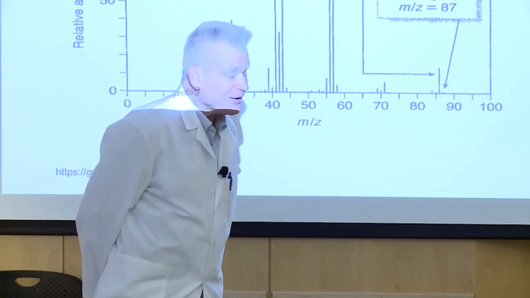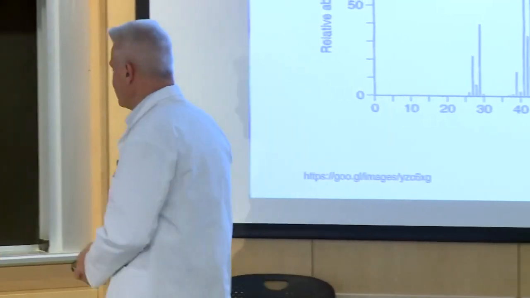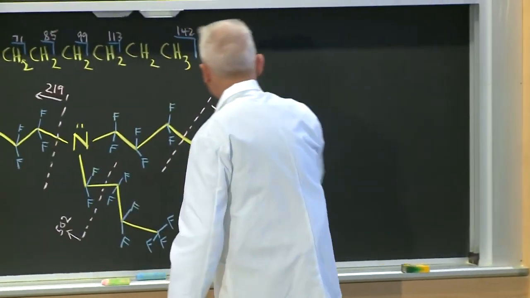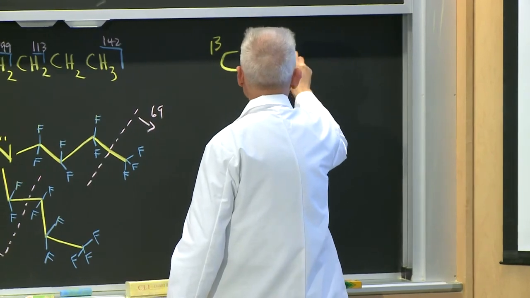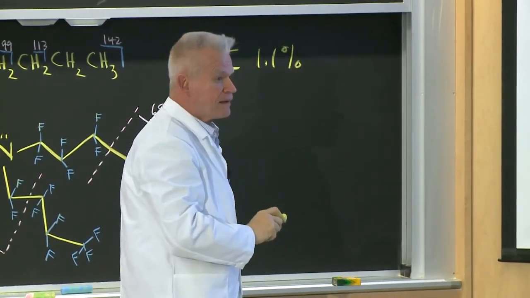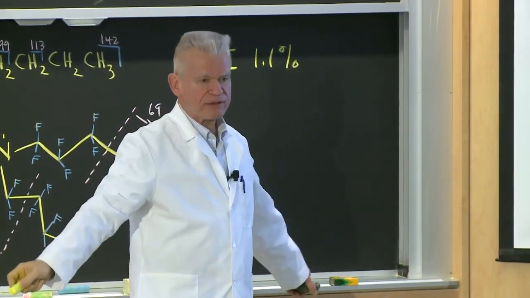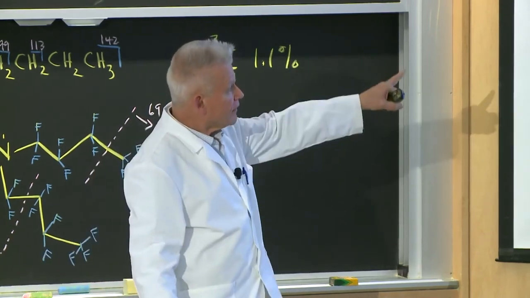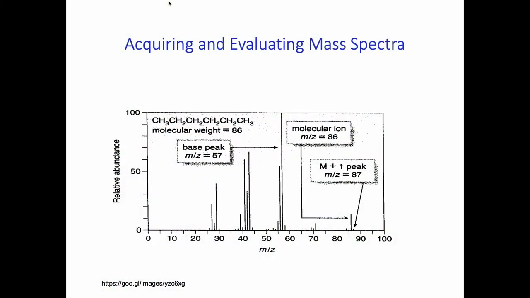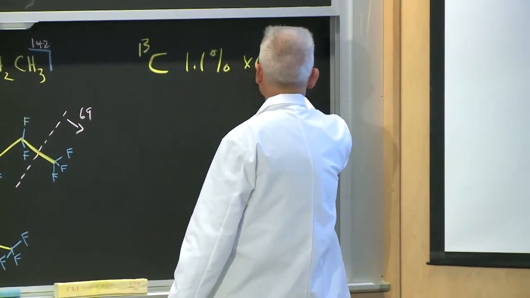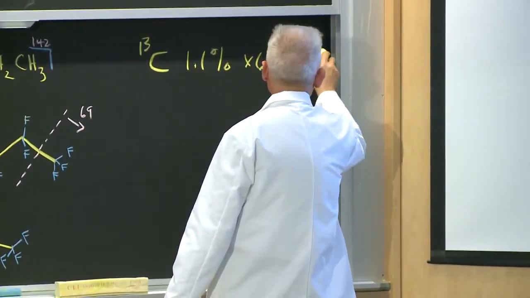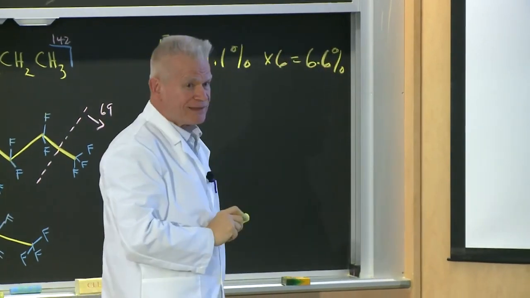Yeah, carbon 13, very good. Carbon 13 has an abundance of 1.1%. 1.1% of all carbon is carbon 13. Look up here. You've got 6 carbons, right? So 6 times that, 6.6% of the carbons are carbon 13.